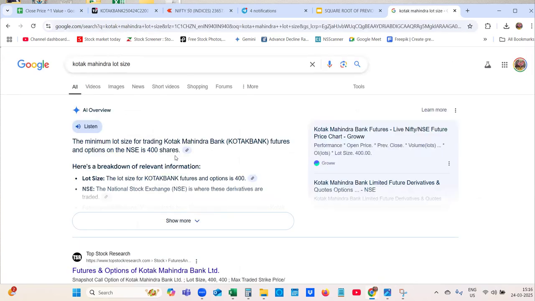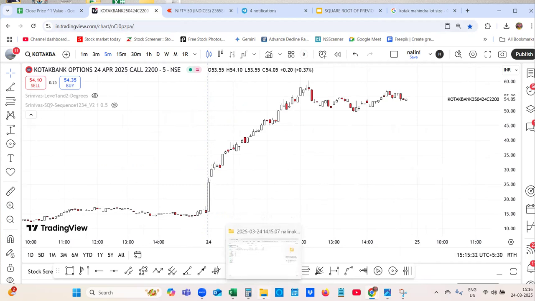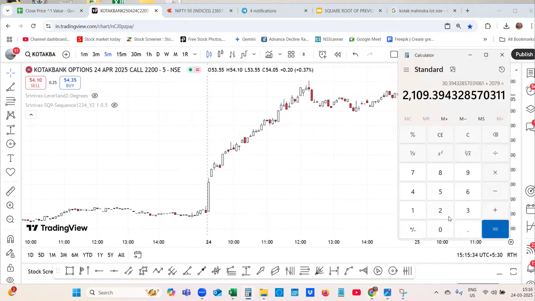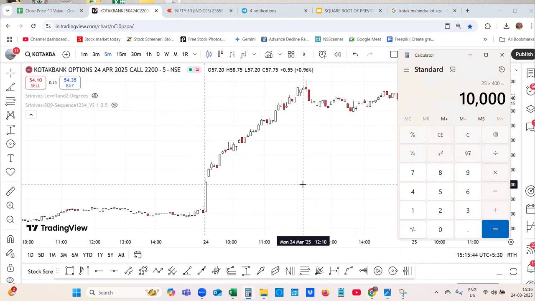So 400 shares. So what you are getting, even if you would have entered around 25, you would have got 25 rupees. 25 into 400 is equal to 10,000 you could have made in this. This is, isn't it, multi-bagger?